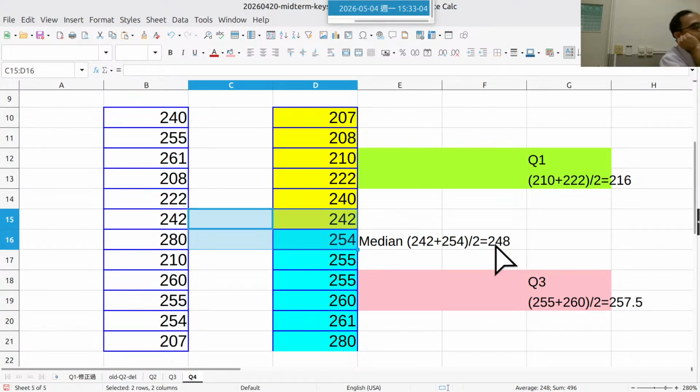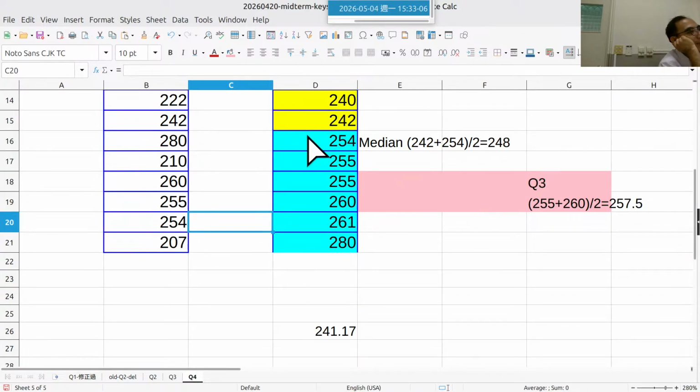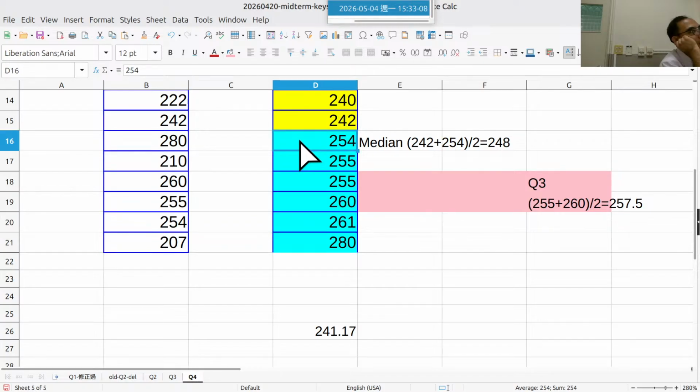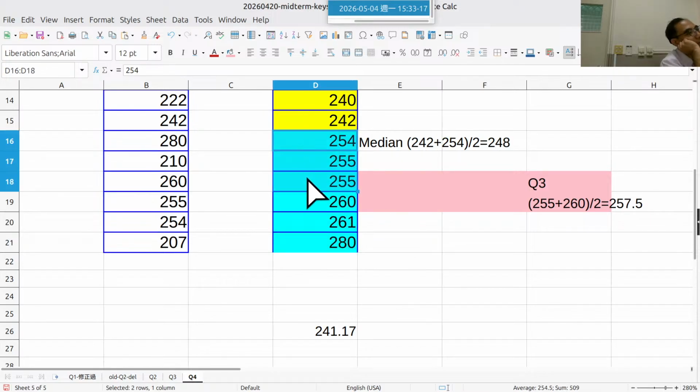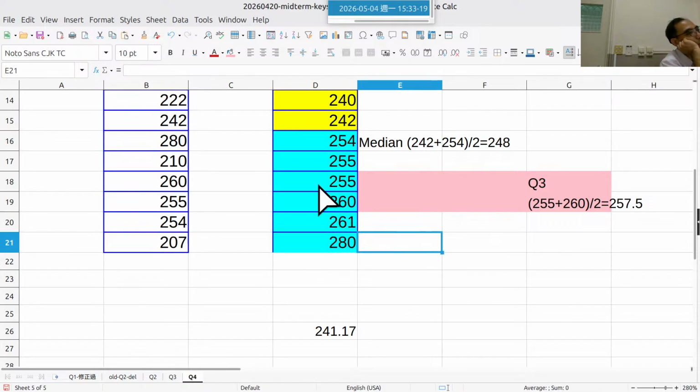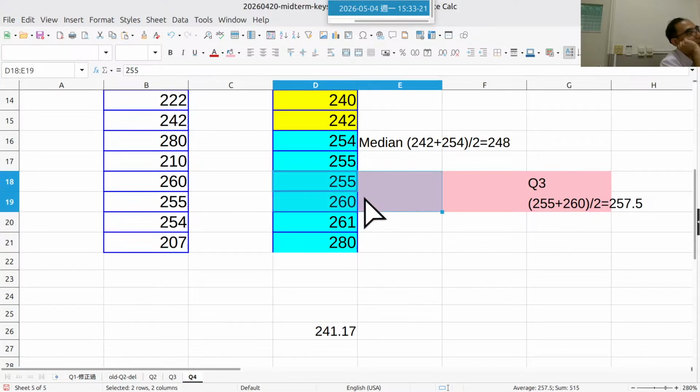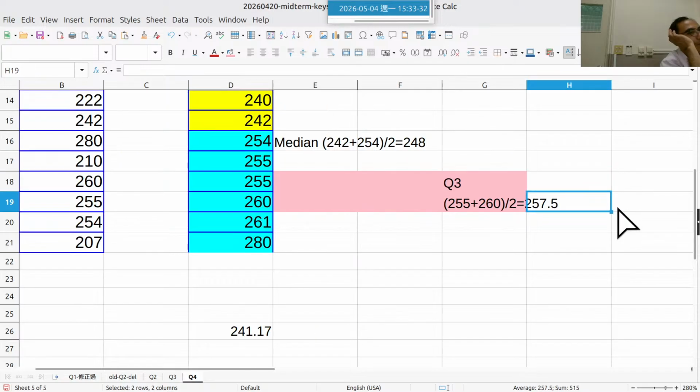Next, the second part, the following 6 numbers here. Try to find the middle one. Because it's an even number, there are 2 numbers in the middle, so we need to get the average of those two. 255 and 260, the average is 257.5.